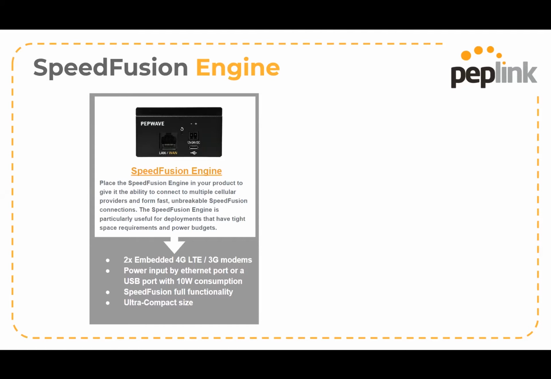The SpeedFusion engine can be embedded inside the ATM housing and offer between 1 to twin cellular data backhaul for those transactions. You never ever need to wire anything else other than power and a LAN cable just to grab the transaction data and send it back to headquarters.